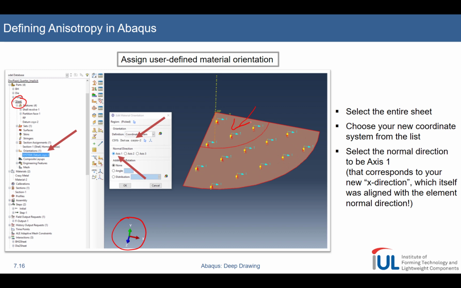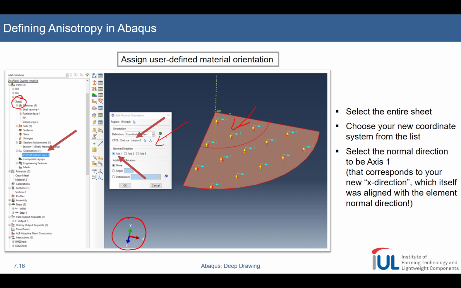But in our case, we just select the entire sheet and then assign the new material orientation, and from the list of new datum systems, in my case it was the second one that I've created, but maybe it's just one new coordinate system that you've created. So from the list you choose the corresponding coordinate system that you've previously defined in the way we just talked about.